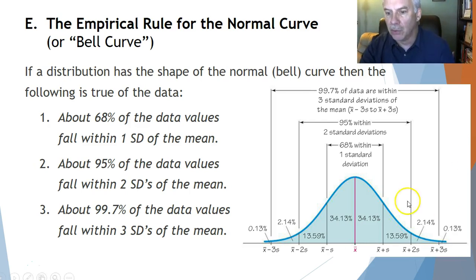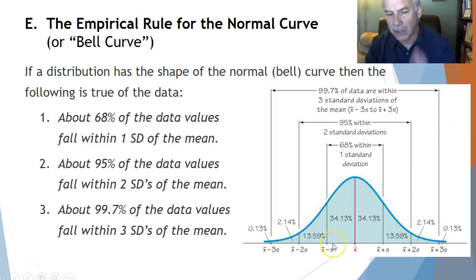Now, if you move one standard deviation down from the mean and one standard deviation up from the mean, those two boundaries will enclose 68% of the scores. So 68% of the scores, approximately, will fall within one standard deviation down and one standard deviation up from the mean. Okay? Not exactly 68, but about 68.